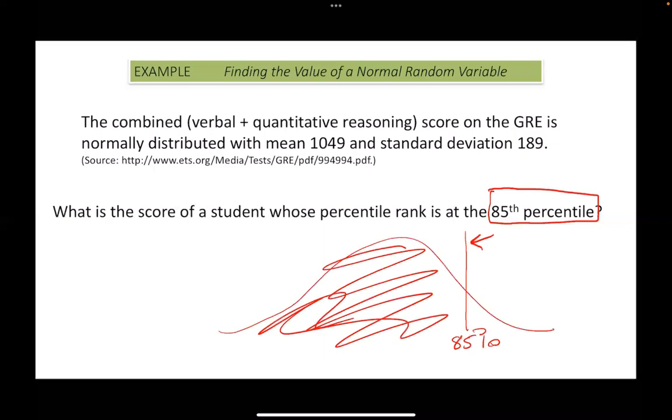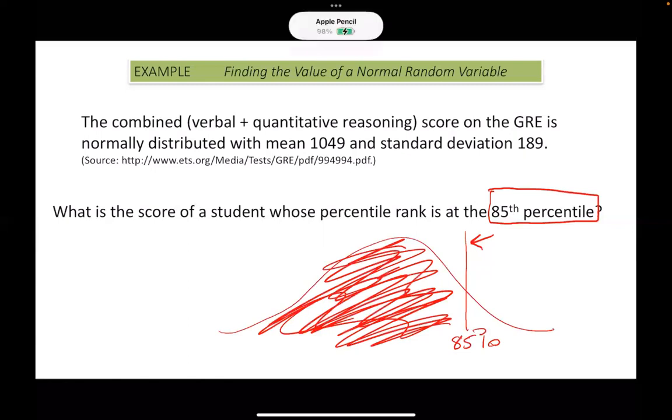Okay, so you put 0.85, then your mean is 1049, and your standard deviation is 189. If you have the tail option, we want left because 85% to the left of our value is shaded. Then you'll paste and hit enter, and you probably got 1244.89-ish.